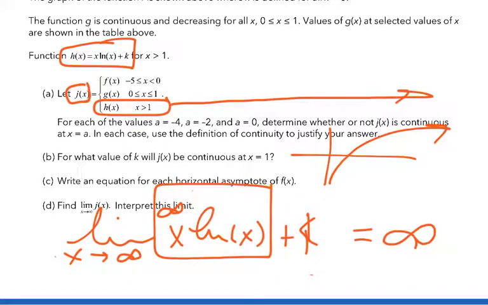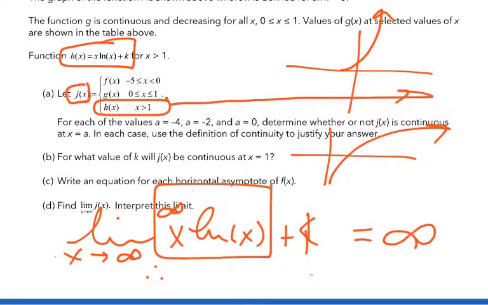So when that's all said and done, is that the last part? What does it mean by interpret this limit? I'm not quite sure. So maybe it just means it's unbounded or there's an asymptote there. I'm not quite sure what they want you to write. I don't have the key open. So let's do this. Remember, when our limit is at infinity, it means it's unbounded.